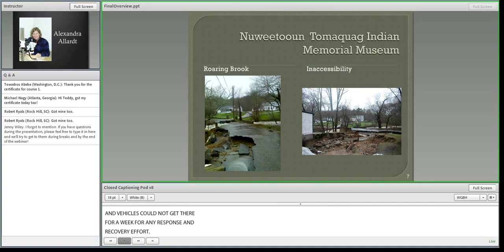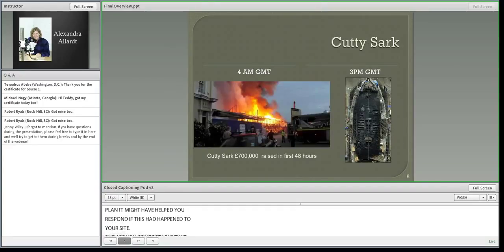Here's another example that I think is pretty impressive. The refitting of the Cutty Sark in England was the cause of this blazing fire that did great damage to the ship in 2008. They had a risk mitigation plan as part of their disaster plan, which included removing original timbers, which were taken off to another location.